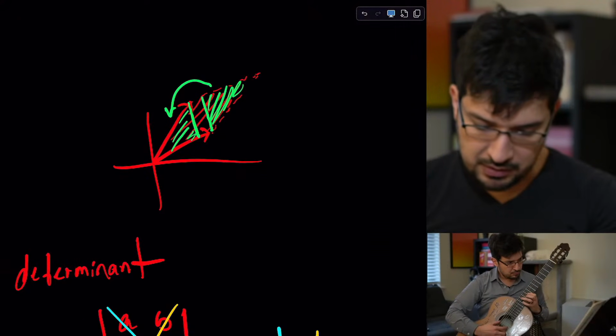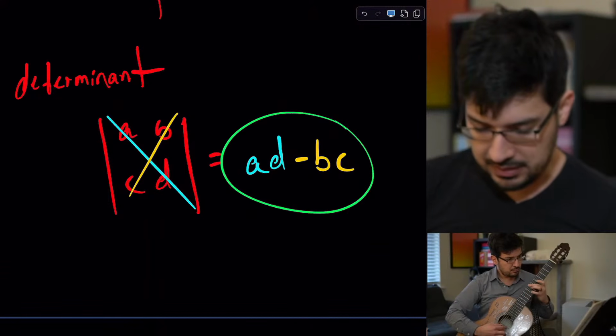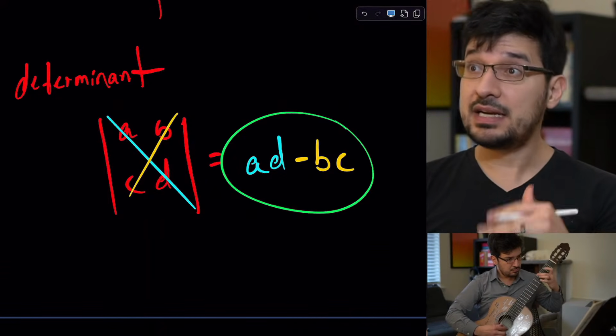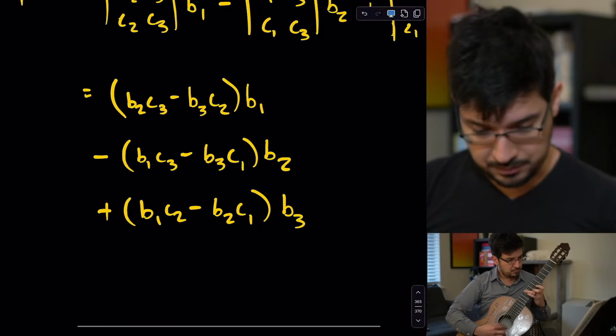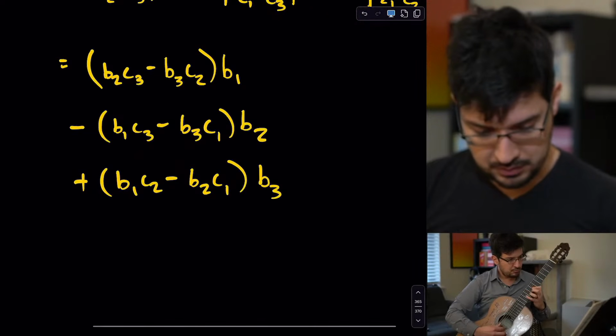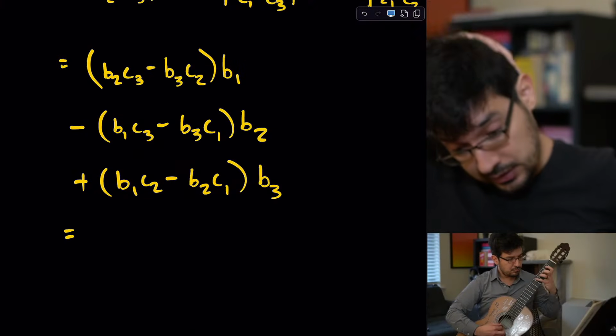You move that triangle over here, and then you have a rectangle, and you just do a bit of geometry, and you find that this is the formula for that area. Okay, so now we're gonna collect terms.